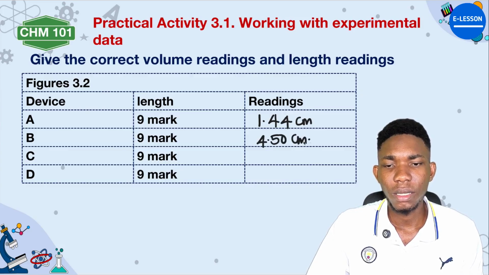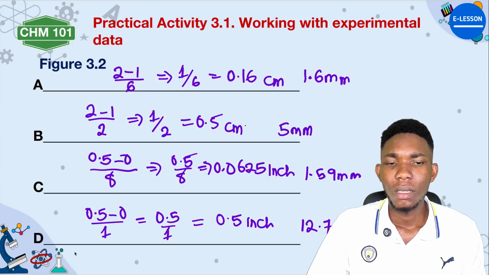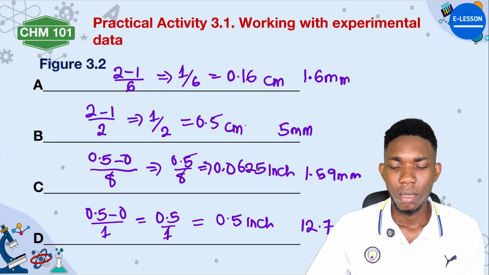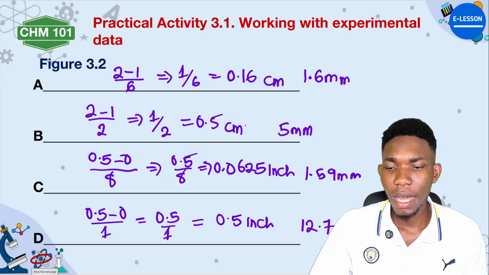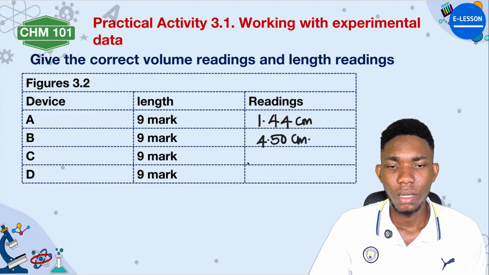4.50 centimeter. Then for C, we have 0.0625 inch times 9, which gave us 0.5625 inch.